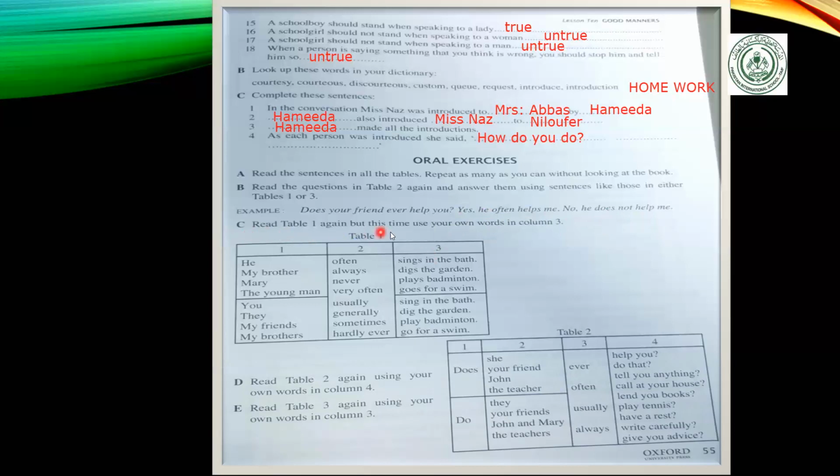Read table 1 again, but this time use your own words in the column. Now here we are supposed to change these tables. We can change these tables with our own words. You can put your own sentence, like if he often sings in the bath, you can say he always sings in the bath, he always plays in the ground.